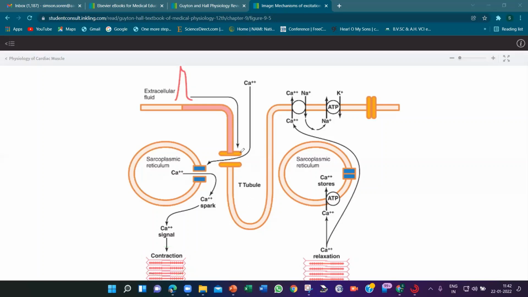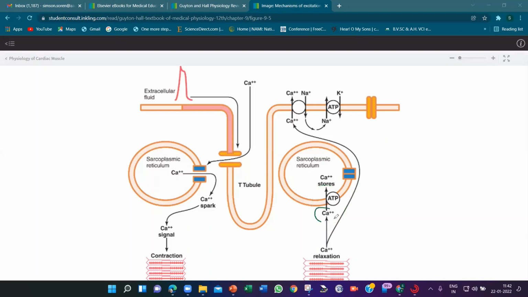So here the calcium has to come inside the cardiac cell to stimulate the release of calcium from the sarcoplasmic reticulum. After contraction, when the sliding of the actin and myosin filaments has occurred, the calcium which came from the sarcoplasmic reticulum has to be pumped back into it. Because it has to go against the concentration gradient, ATP is required.